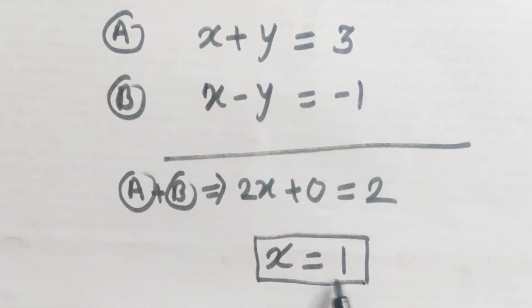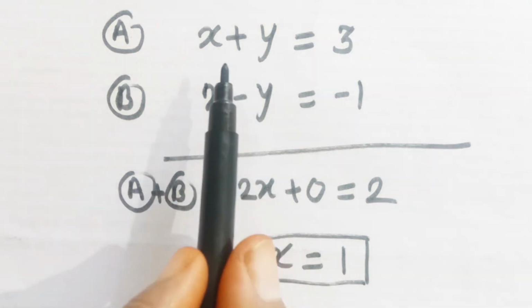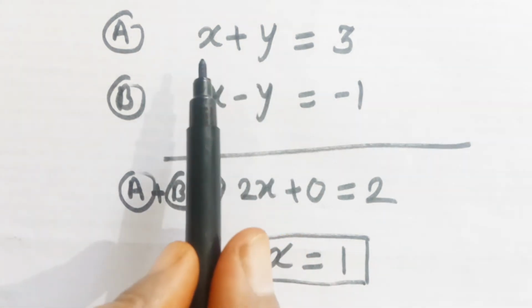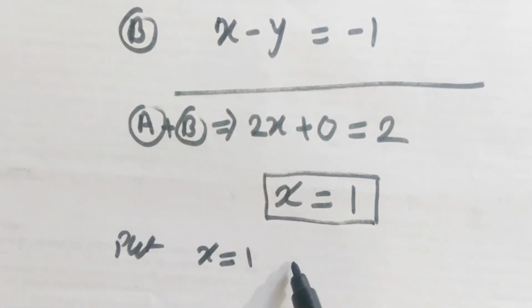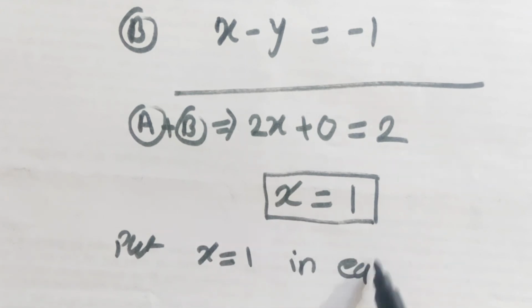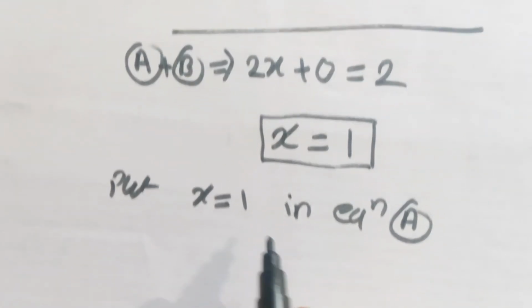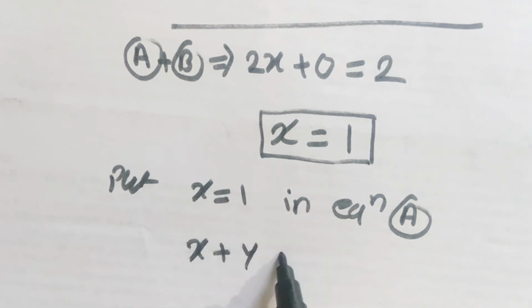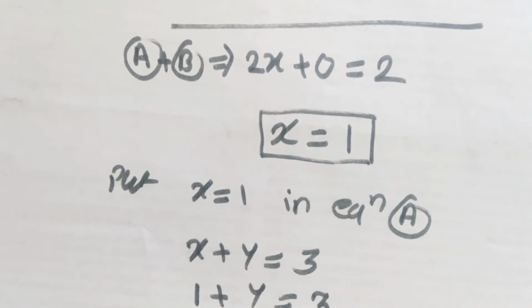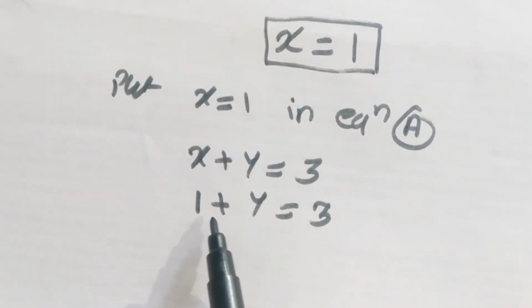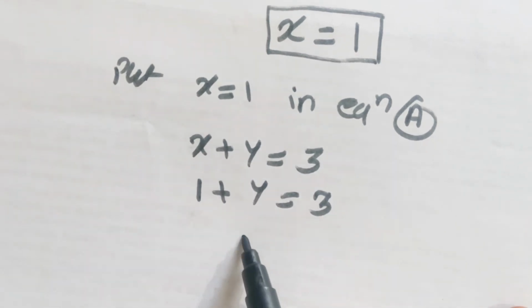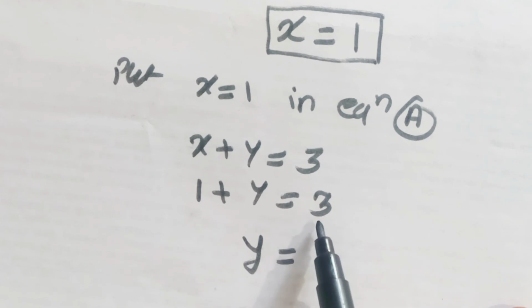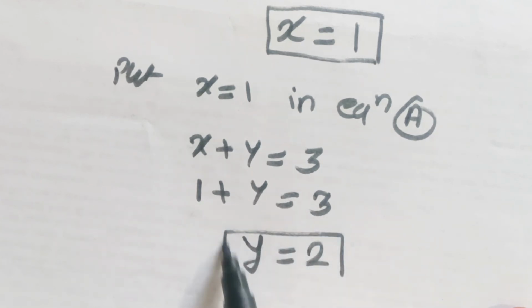Now put the value of x equals 1 in any one equation. If we put this value in equation number A, then put x equals 1 in equation capital A, then we get x plus y equals 3, x is 1, so 1 plus y equals 3. Now if we shift this 1 to the right hand side, then it is minus, then we get the value of y, that is y equals 3 minus 1 is 2.